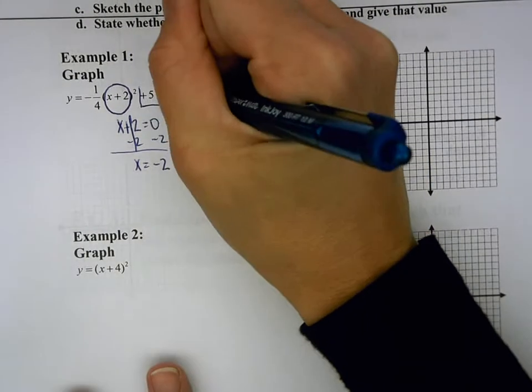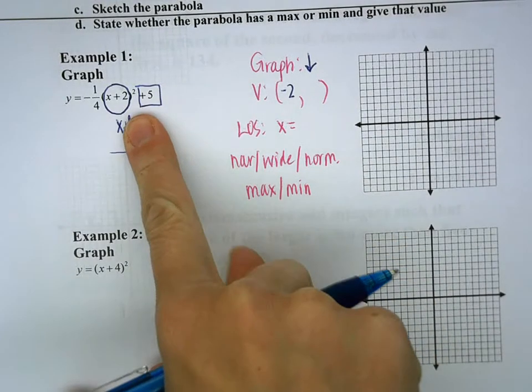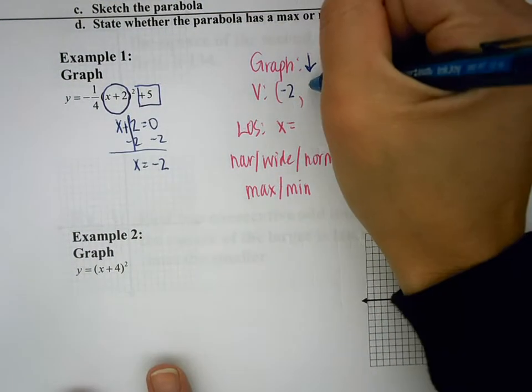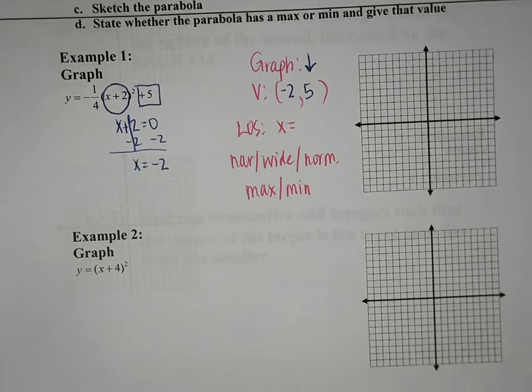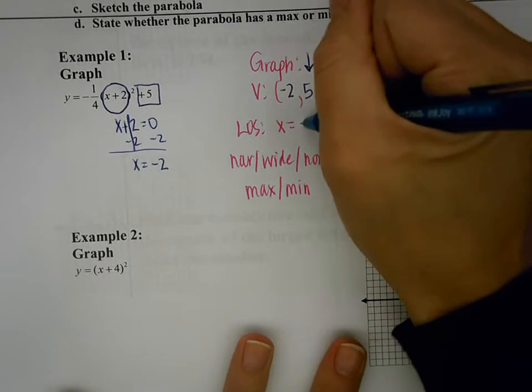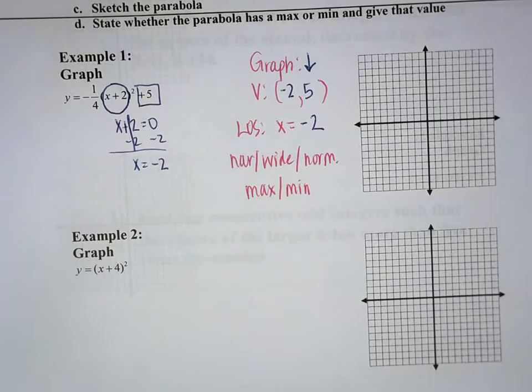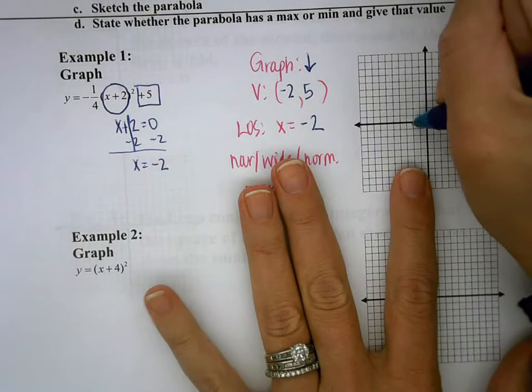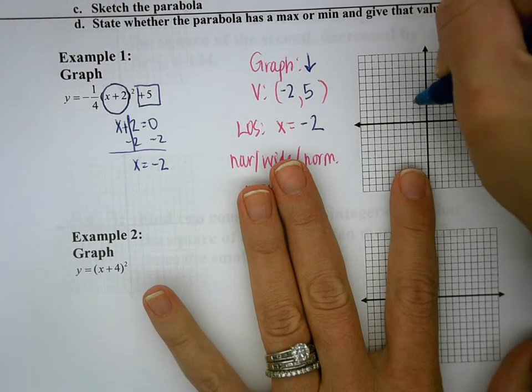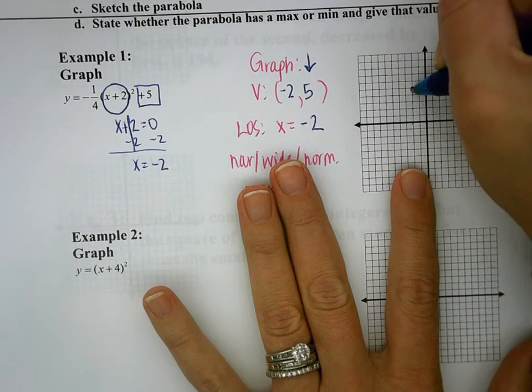It's just +5. It's whatever number is at the end, and you keep the sign with it, so it's 5. What is your line of symmetry? -2 is correct. Okay, let's graph this first. We're going to go left 2, and then up 5. Make our point.